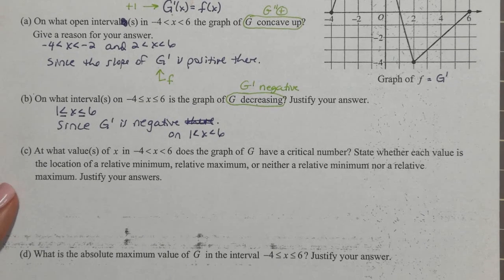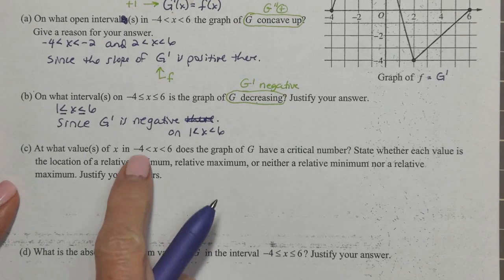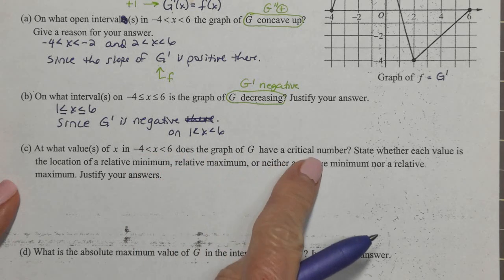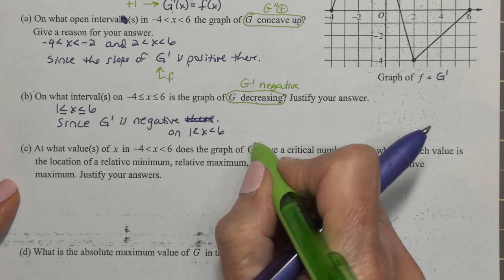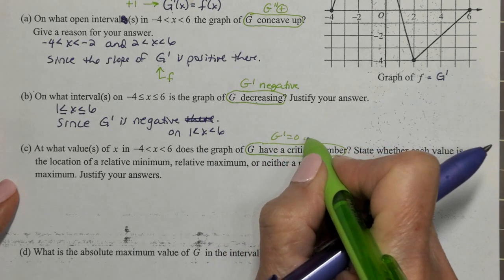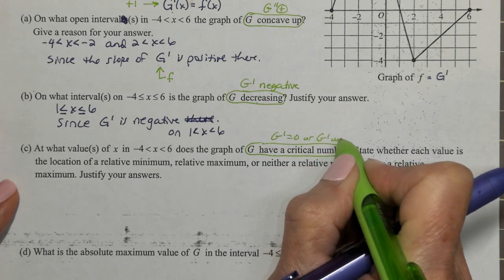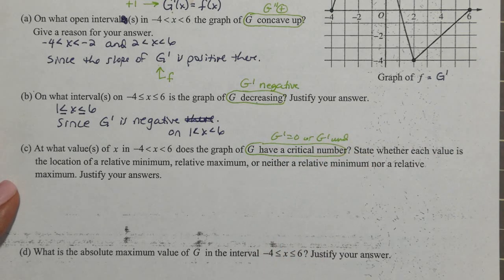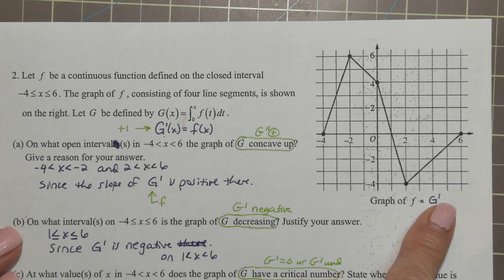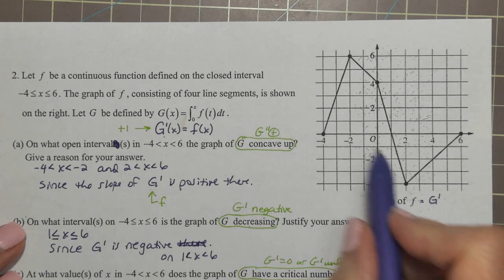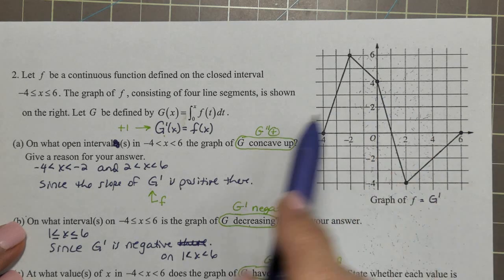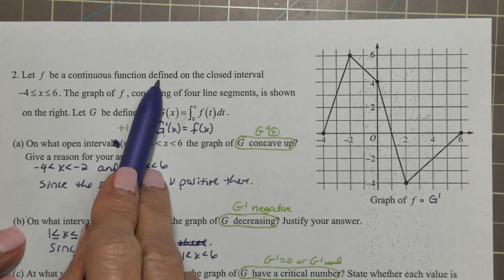Part C. At what value of x between -4 and 6 does the graph of g have a critical number? Well, g has a critical number when g prime is 0 or g prime is undefined. That's what makes a critical number. G prime is never undefined because g prime is f, and that's the graph right here. It is defined. They even told me that it was defined.